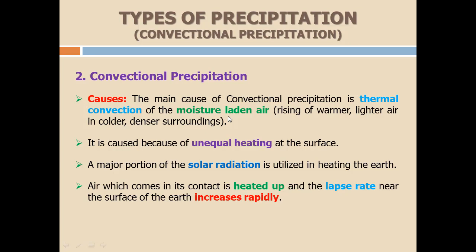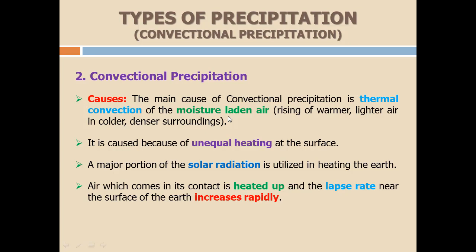So the main cause of convectional precipitation is actually thermal convection of the moisture laden air. The air around the earth is moisture laden. It has moisture in it.